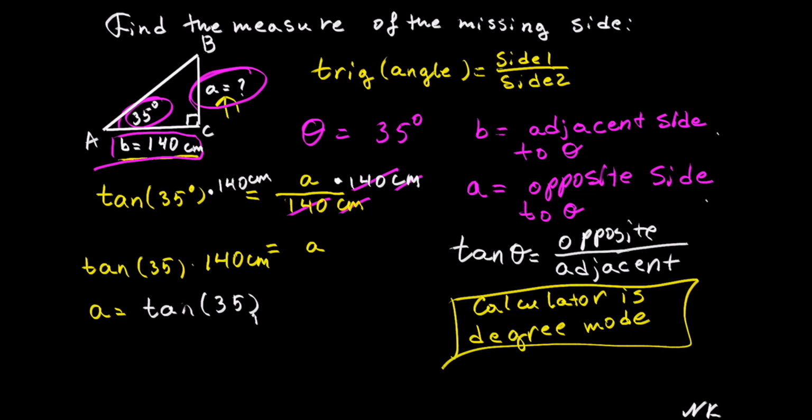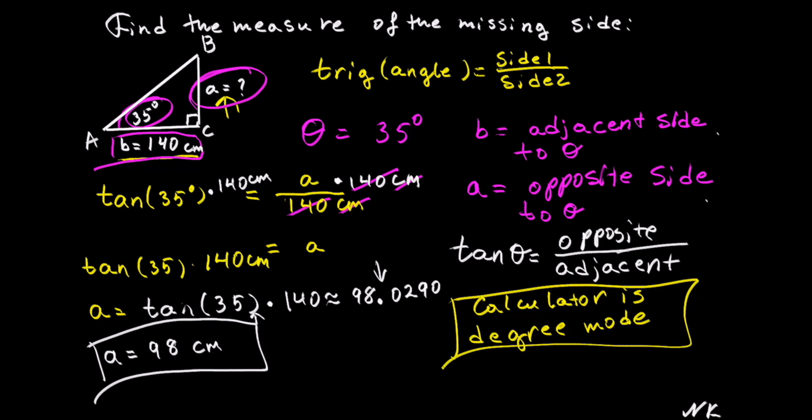Make sure you close the parenthesis, times 140, and my calculator produced about 98.0290. So if we round this off to the nearest whole number, we get A is equal to 98 centimeters, and that would be our solution. That's all.